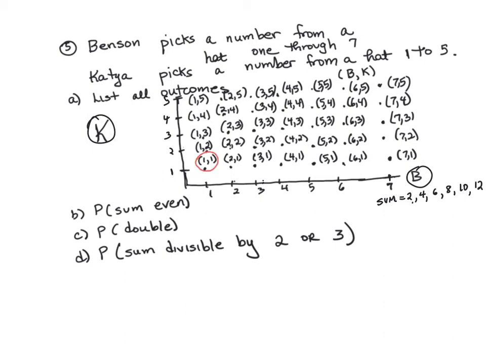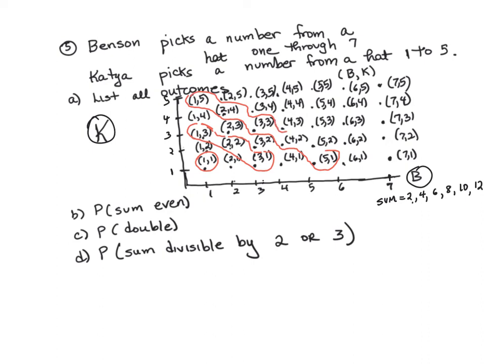The sum of 4, if you look carefully, is along this diagonal. That's a sum of 4. A sum of 6 is along this diagonal. These are all sums of 6s.